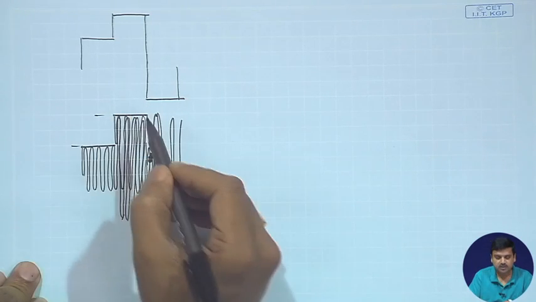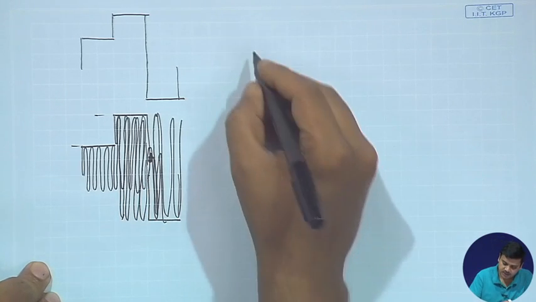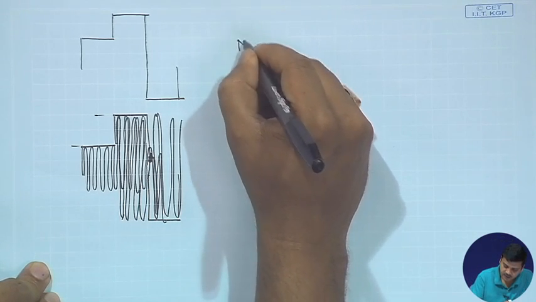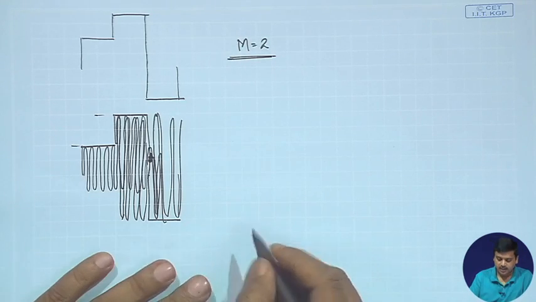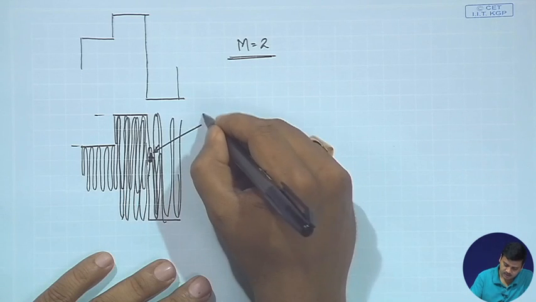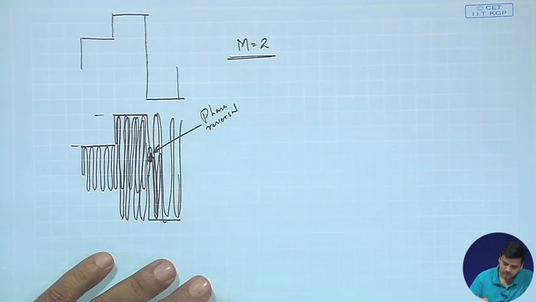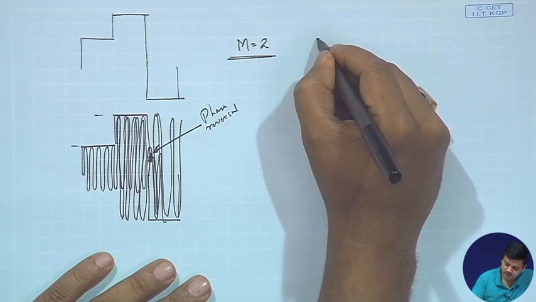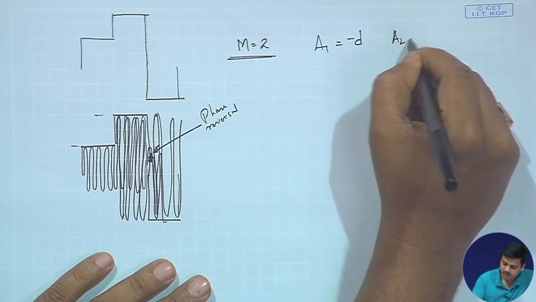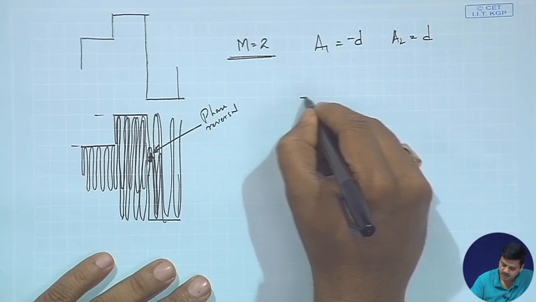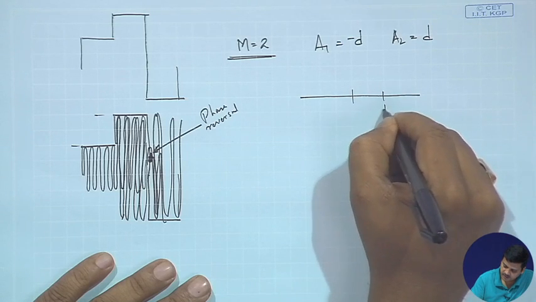However, you have these discrete levels that we have already discussed, and the special case when you have M equal to 2, we have already discussed this, so we should be careful over here. We have said that A1 is equal to minus d and A2 is equal to plus d. So, I just need to give a reminder at this point.